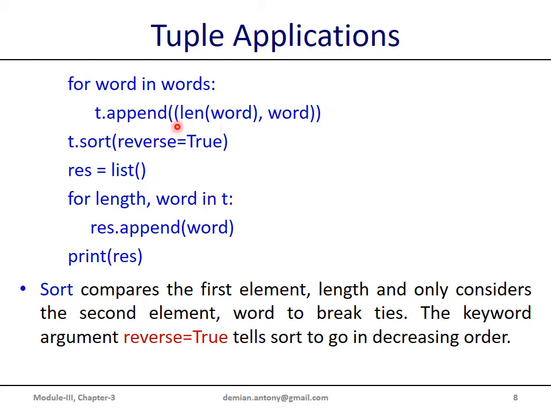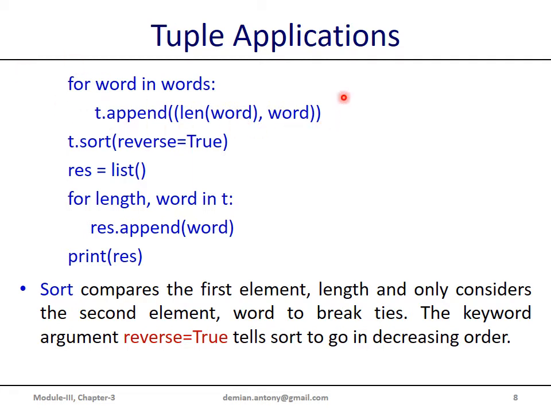By appending a tuple, you can see one more parenthesis here. This is the parenthesis for the append function, and inside there is one more parenthesis which indicates that I am appending a tuple having two elements. The first element is the length of the word and the second element is the word itself.